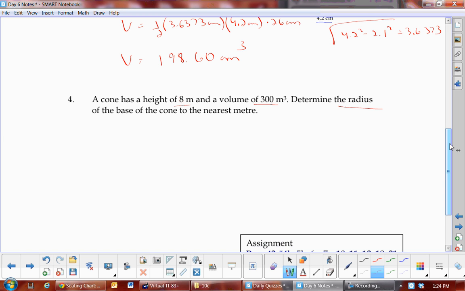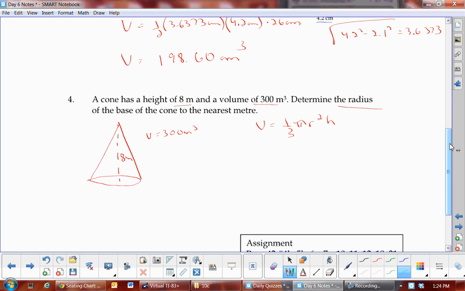For those visual people in the room, let's get this done. This is 8 meters, and the volume is 300 meters cubed. So I know this, V equals 1/3 pi r squared h.